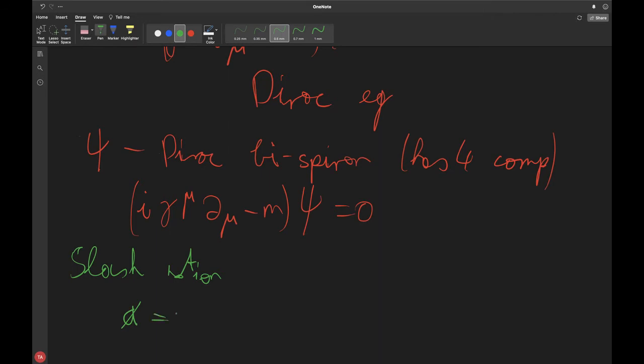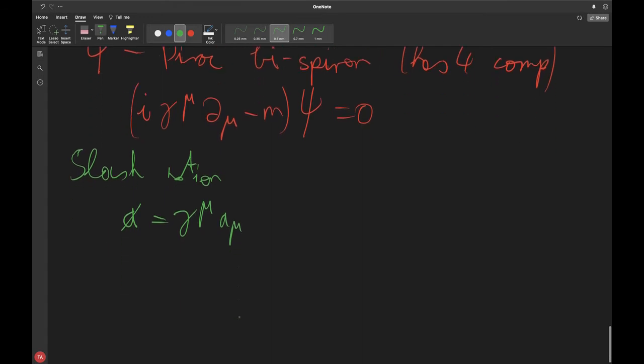It's the shorthand notation for gamma mu a mu. So if we want to use this notation for the Dirac equation, that means that the Dirac equation is i times the del, and I make the slash of it. So like I'm contracting two indices, so that's not going to be a vector anymore. So there is no vector notation anymore. So i del slashed minus m acting on this psi bispinor is 0, is the most known form of the Dirac equation.